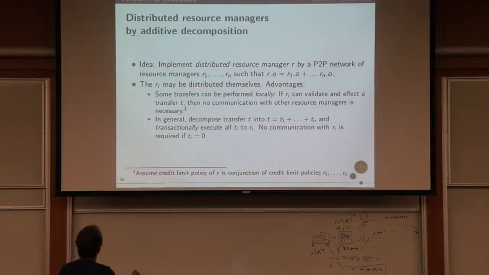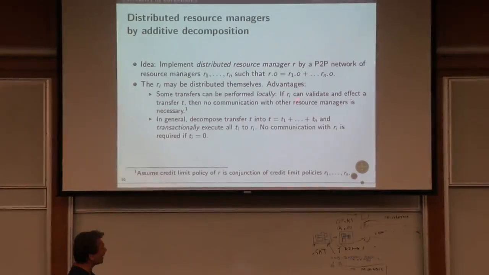So the key thing is that some transfers can be handled locally. Imagine we have a transfer, and a resource manager validates and effects transfers. Somebody wants to have their transfer validated, so they go to some particular Ri and say, can you validate it? And Ri says, it turns out I can validate it, and it's effected.